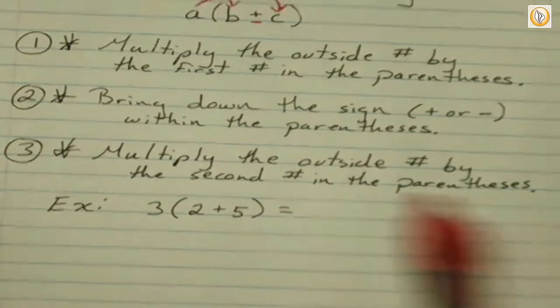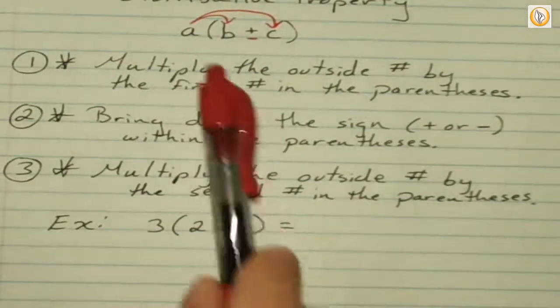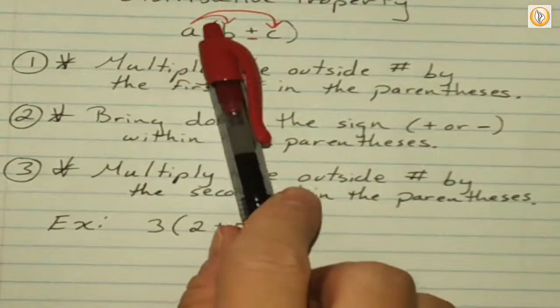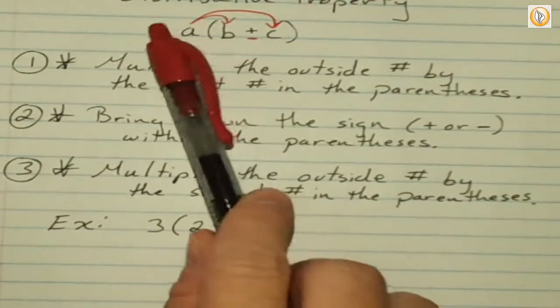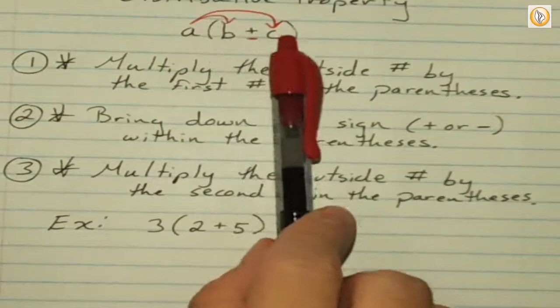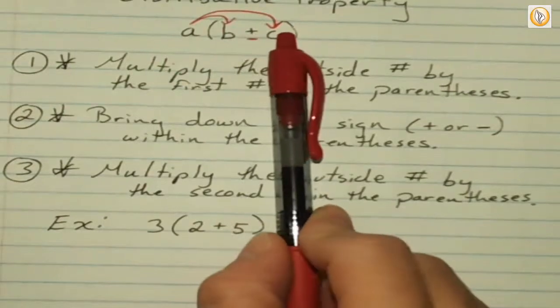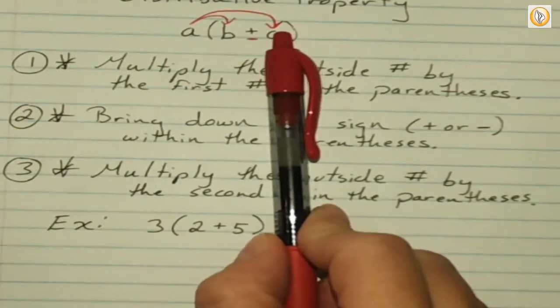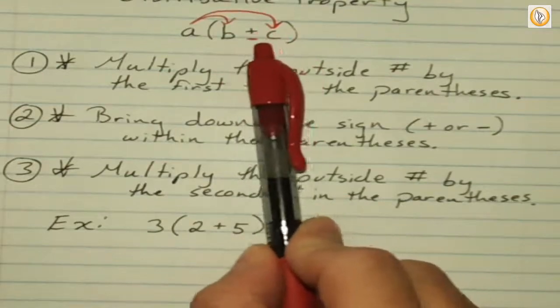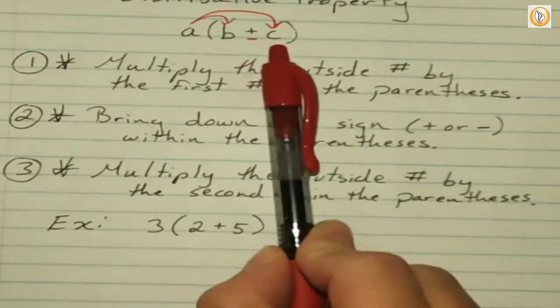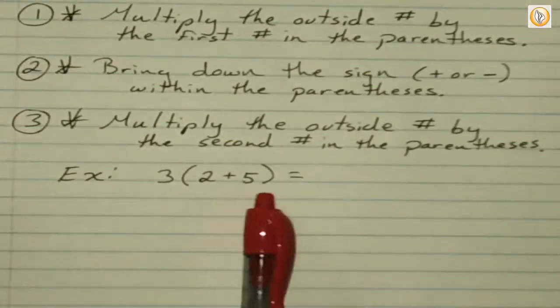Now, these steps say multiply the A by the B first, then the A times the C. But that's for when you can't combine the things in the parentheses first. Can we combine 2 and 5 right here?